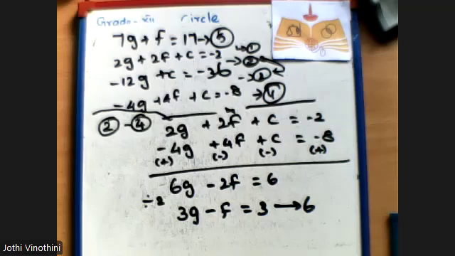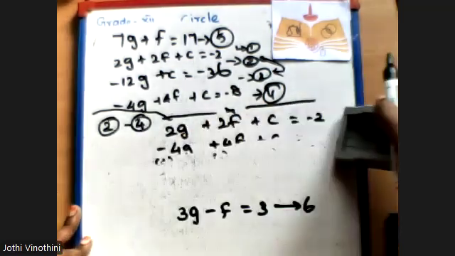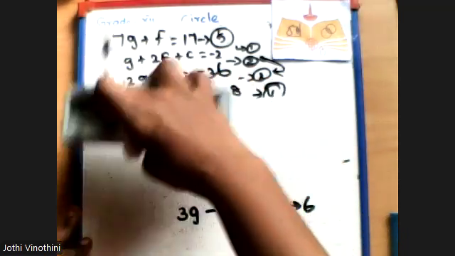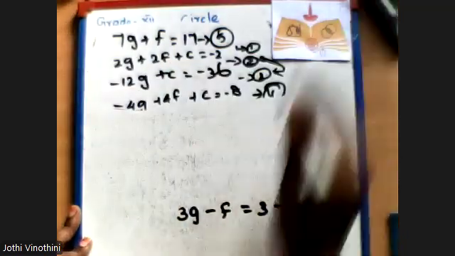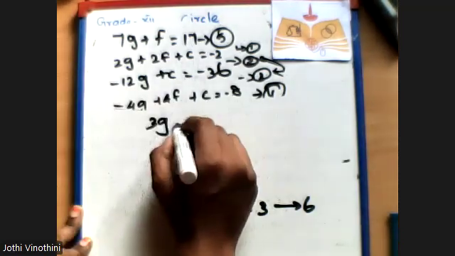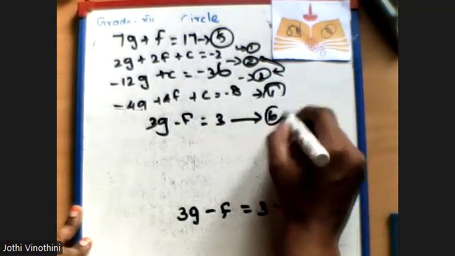Okay, I hope you all copied. So what is equation 6? It's 3g minus f equals 3, which is 6.